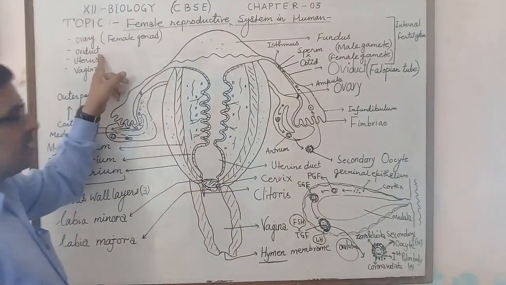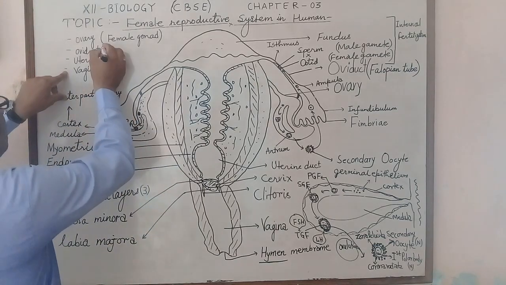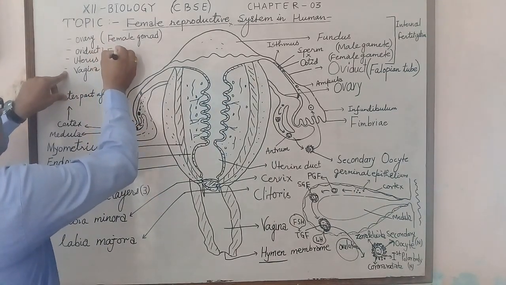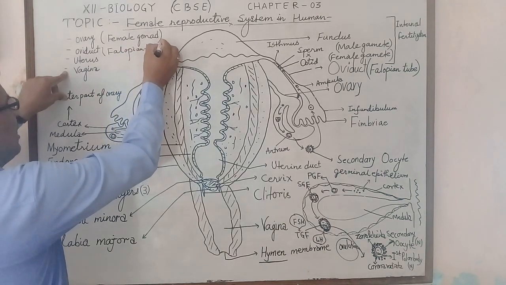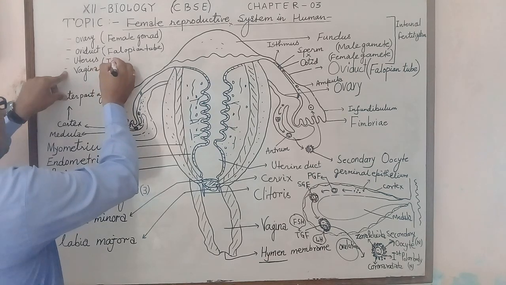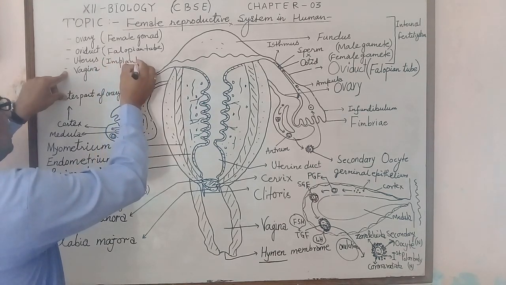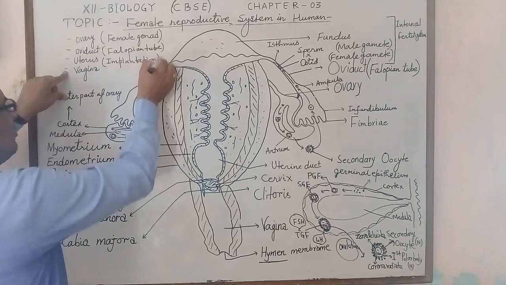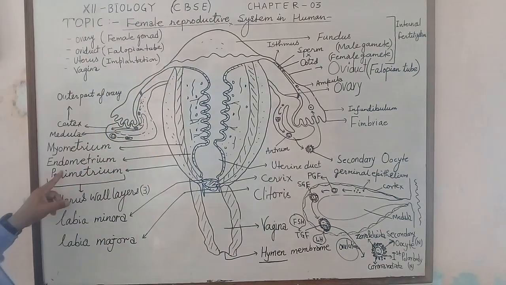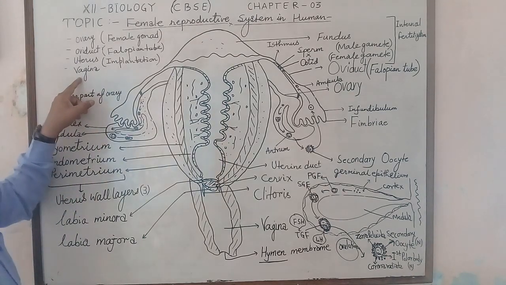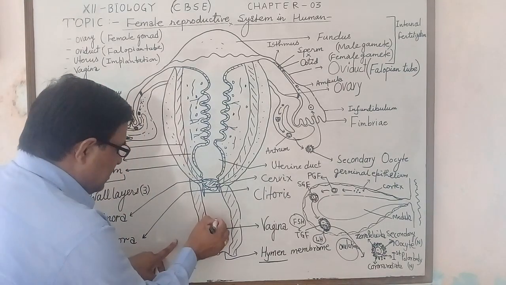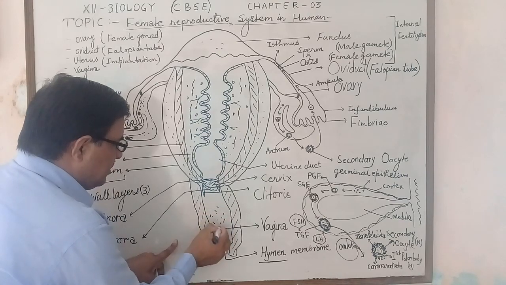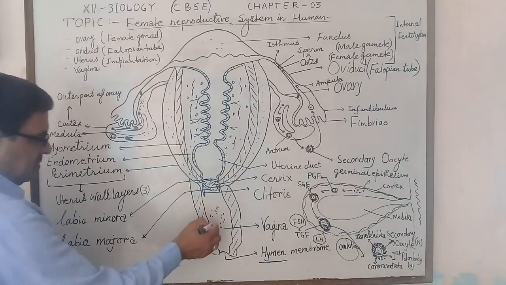The oviduct is called the fallopian tube, and the uterus takes part in implantation. Implantation occurs in the uterus when the blastocyst attaches to the endometrium layer, and the vagina is the entry point of the male genitalia, and it generally receives the semen here.